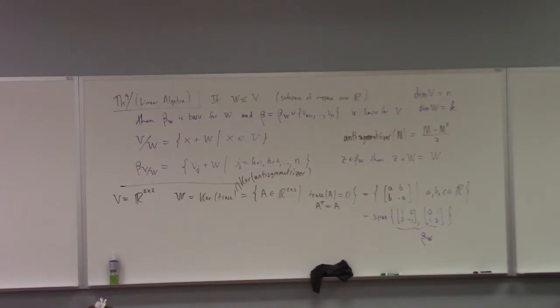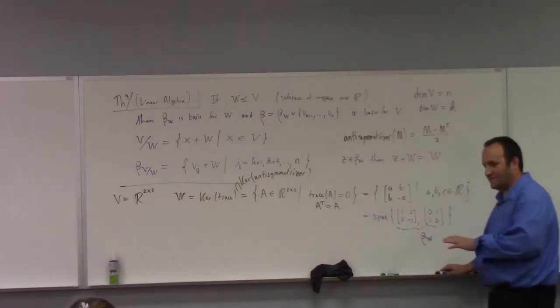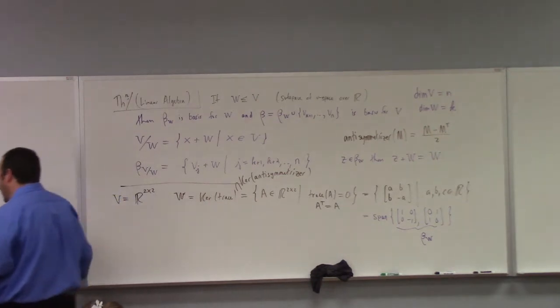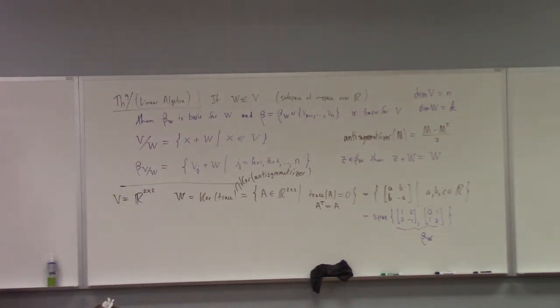Let's go back to Bethany's original request, which was to actually focus on the coset aspect of things and talk about how to calculate in cosets. Let's do that. So what is V mod W? In other words, I'm actually not going to use the theorem. V mod W is allegedly A plus W such that A is an element of R 2 by 2.